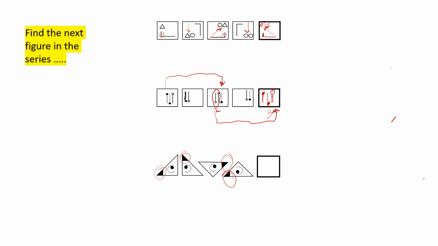So again, the tip of the triangle will have the shading like so. But then we again concentrate on how the figure in the middle will behave. So this one flips.